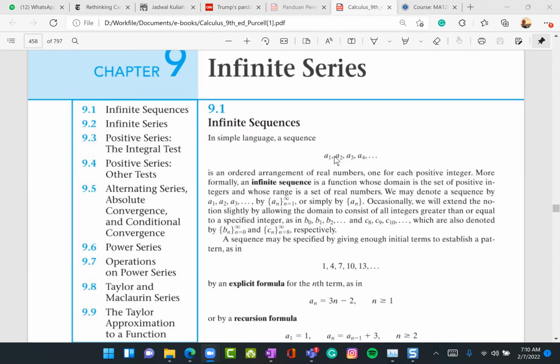Sequence always means infinite. If it is just A1 to A10, you stop at 10 terms, then it won't be a sequence. A sequence must be something that we can write A1, A2, A3, A4, then comma, dot, dot, dot. It continues indefinitely. We call it a sequence, but we really mean the infinite sequence.